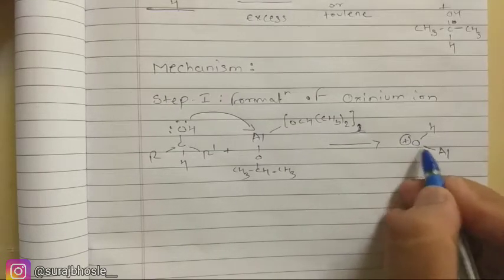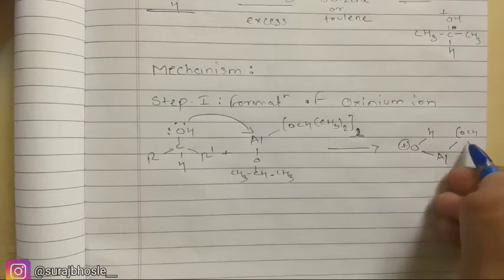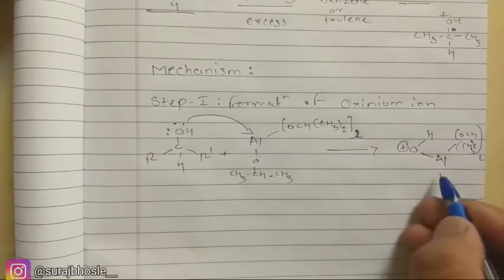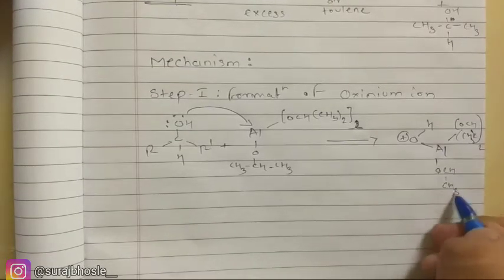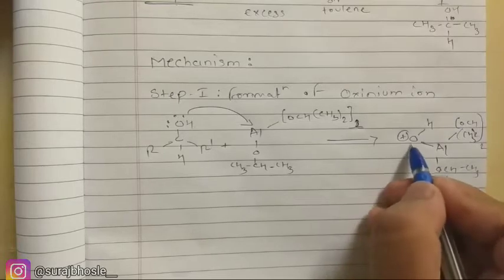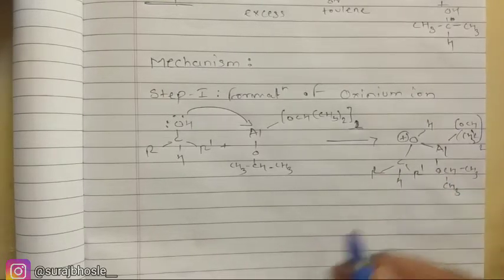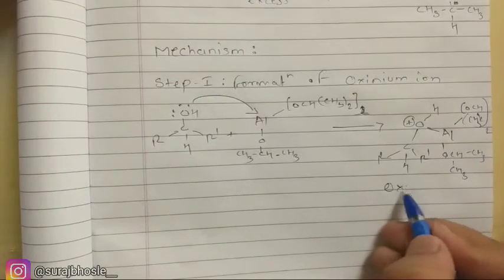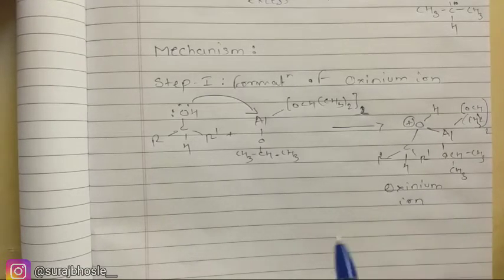So one of the lone pairs forms a bond with the aluminum. Here it will be the same OCH(CH3)2, twice, and here OCH(CH3)2, with R, R' and this hydrogen. Now this is the formation of the oxonium ion in the first step.